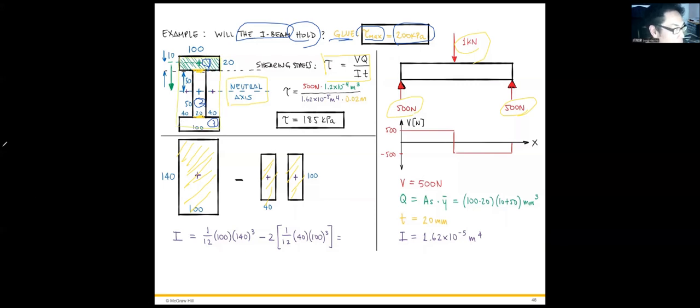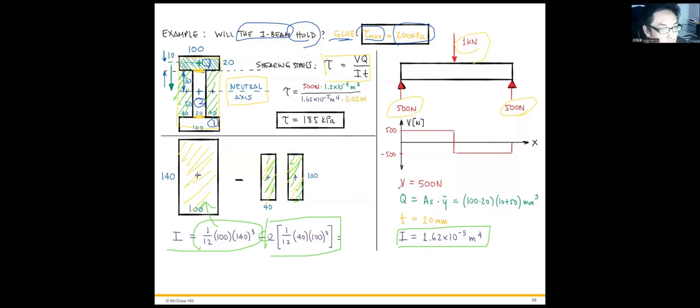Then we have to subtract these 2 parts right here, this part and this part, to calculate its second moment of area. So I equals the rectangular solid beam minus 2 rectangles, which equals 1.6 times 10 to the minus 5.